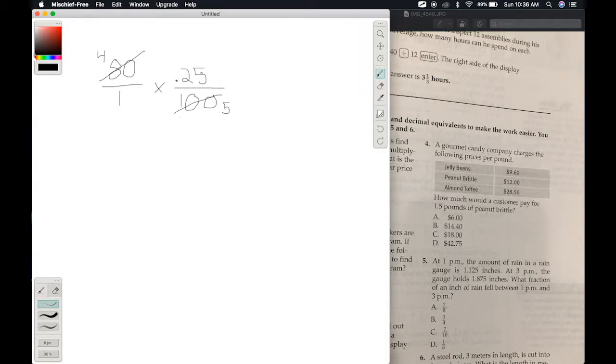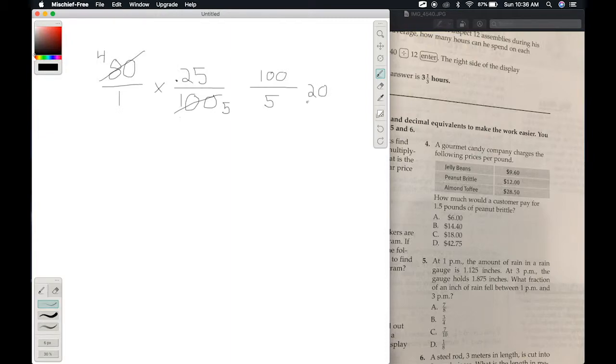So 4 times 25 is 100. Okay. 5 times 1 is 5. So can this be made lower or reduced? Yes, it can, because 5 goes into both of these numbers here. 5 goes into 100 20 times. So there we have it. 20 is your answer.